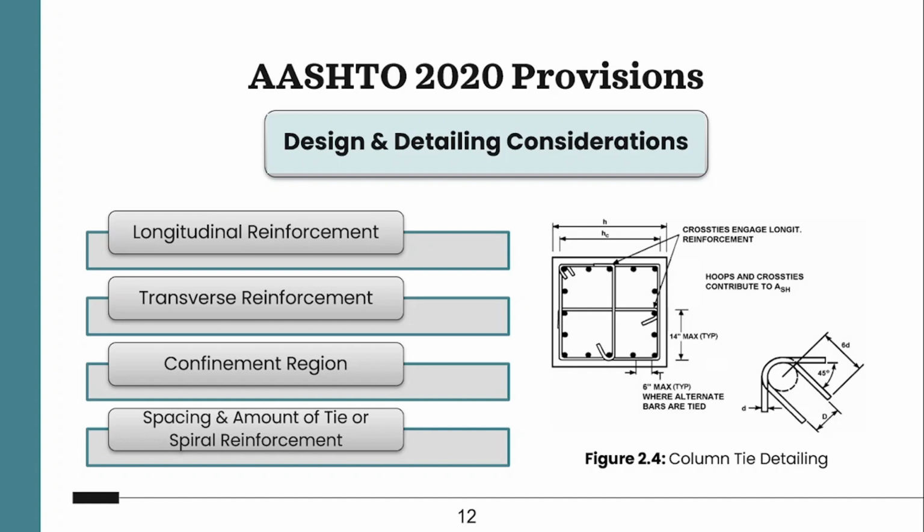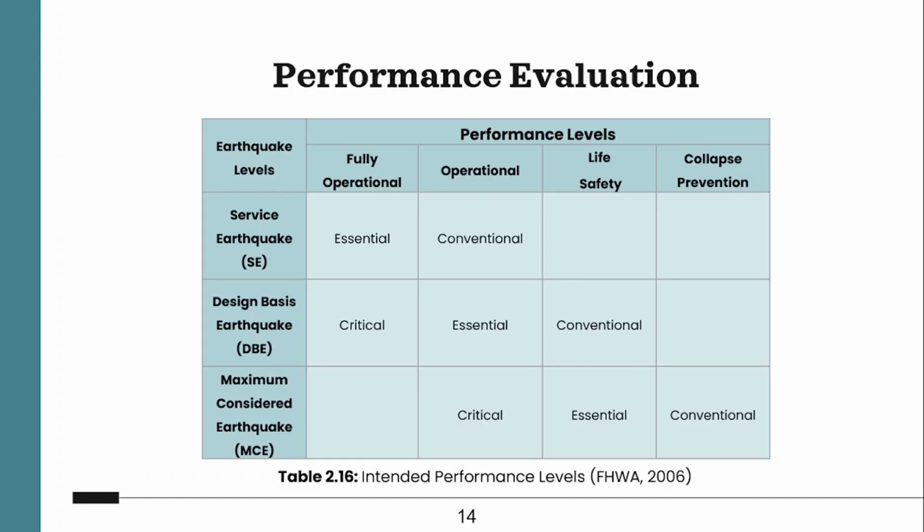So for different zones, AASHTO provides some guidelines of what reinforcement will be provided, and what the spacing of the reinforcement will be in the end regions. So we'll conform to that, and after that we will do a nonlinear analysis to check whether during the seismic conditions the structure remains within the performance level. The performance levels have been shown in the slide.